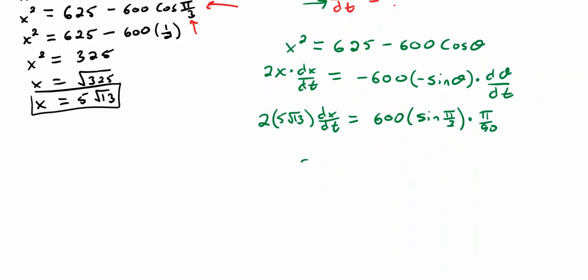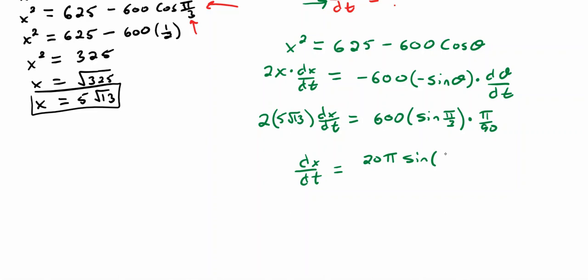So dx dt. I always mess up this stage. I'm not really going to do anything fancy here. You end up with radicals and pis and stuff, so I'll just run my calculator.